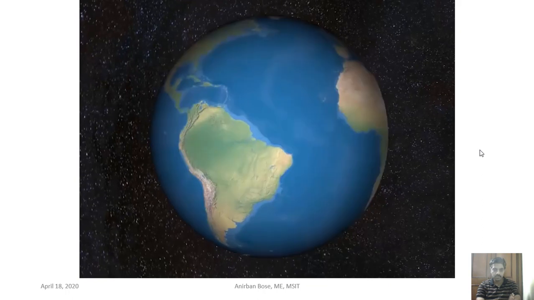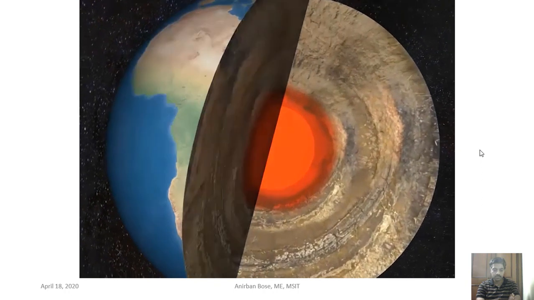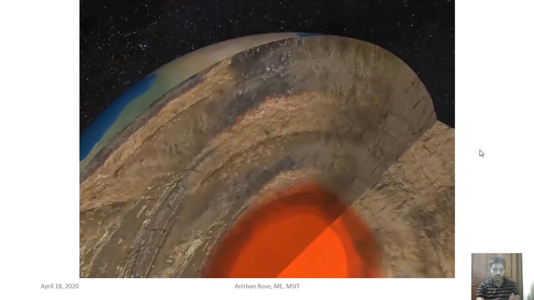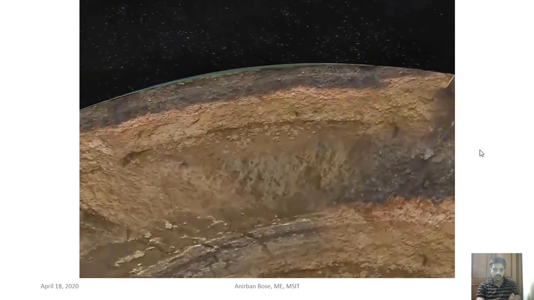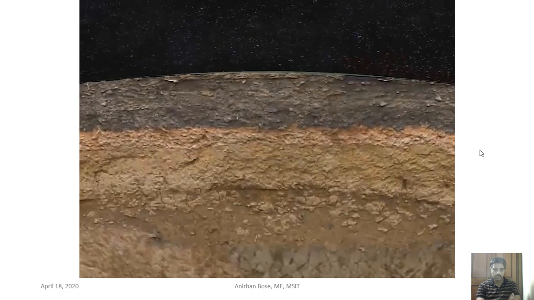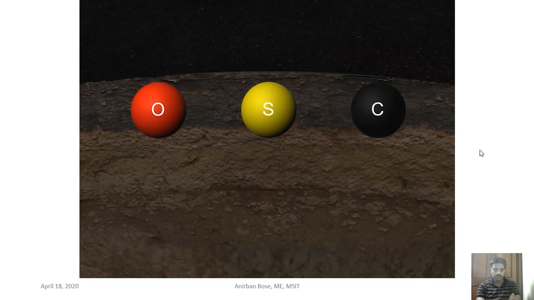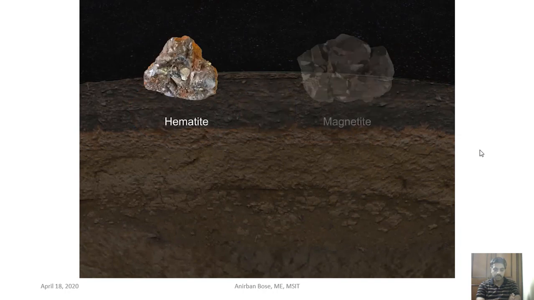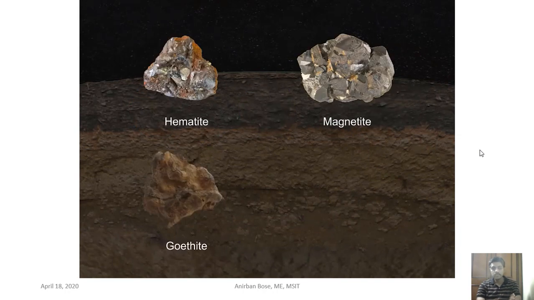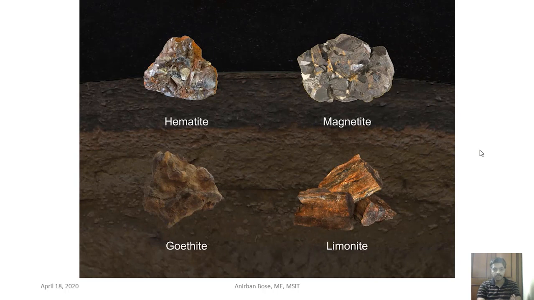Iron is the most abundant metal found in the Earth's crust. As it is a reactive element, it does not exist as a metal in nature, but is found in chemical combinations with other elements such as oxygen, sulfur, and carbon in the form of minerals like hematite, magnetite, goethite, limonite, and others.